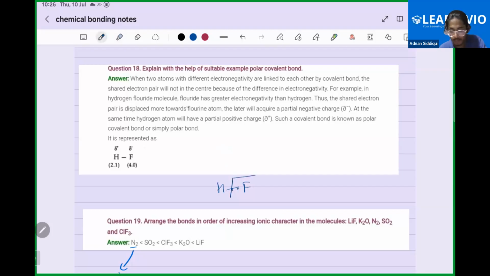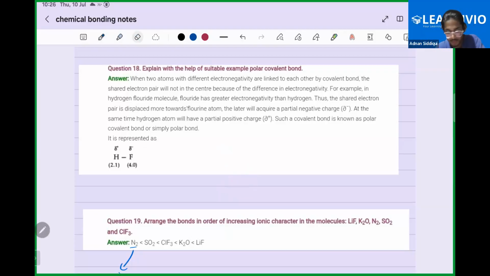Like chlorine is more electronegative, so it will pull the electron density onto itself. So in the bonded state, electronegativity works. But if it is not a bonded state, you will call it electron gain enthalpy if you are adding the electron. Electronegativity is a phenomenon which we talk about when we are talking about a molecule in a bonded state, right?